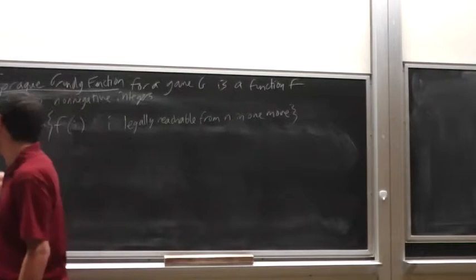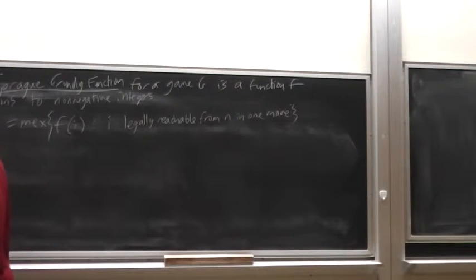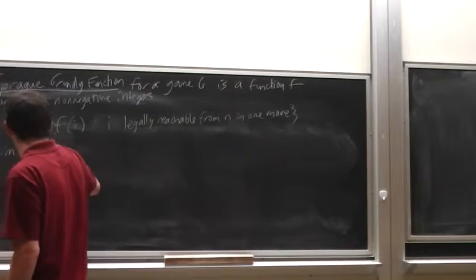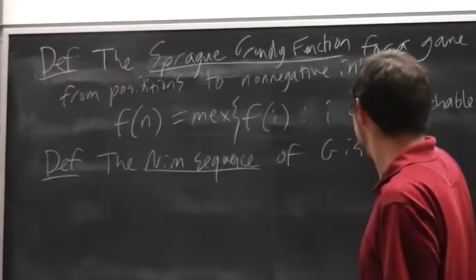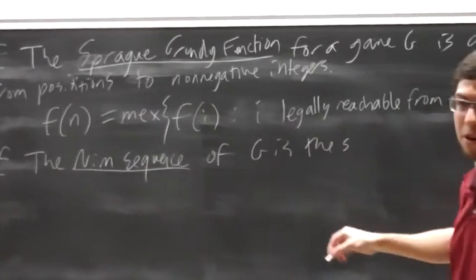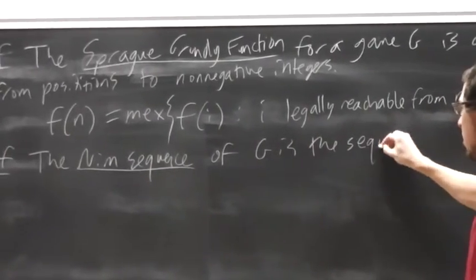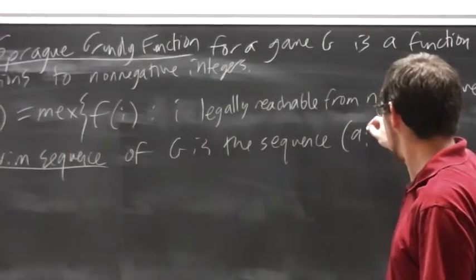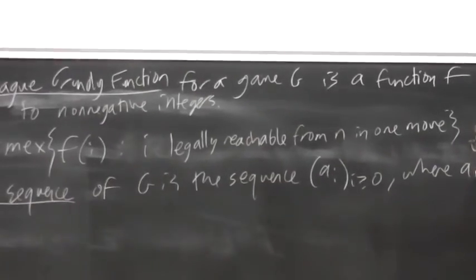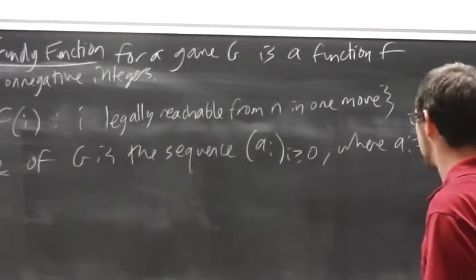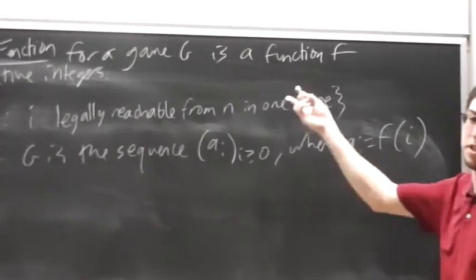And from this function, we can define the nim sequence of a game. This is the sequence of Sprague-Grundy values, where f is the Sprague-Grundy function.